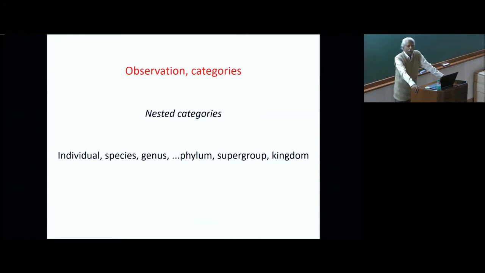Among these groups, the one that evolutionary biologists set most store by is the so-called species. Now, the definition of species is somewhat tricky, and I'm not going to attempt it, but somewhere during the course of this talk, we'll see a place where species come into being. Now, there are these larger groups: genus, order, family, kingdom, phylum, and these days you even have words like supergroup based on molecular studies.